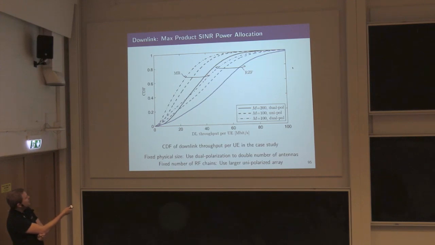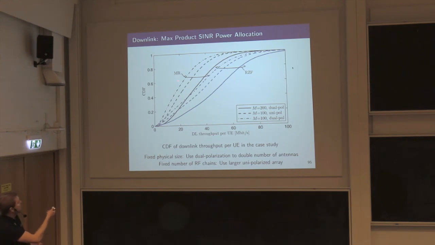If we are limited to having only 100 antennas, then it is better to have a large array with only one polarization, or you can switch polarization between antennas, than having a smaller array with two polarizations at the same locations, because it is the bigger aperture that helps you to see more things.